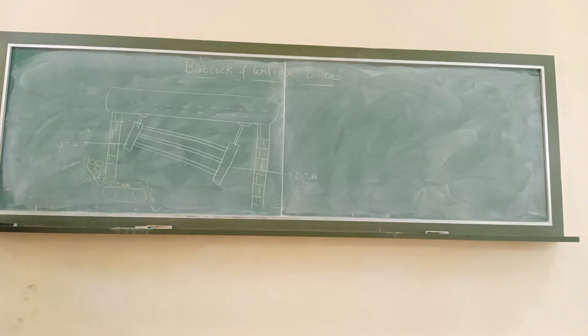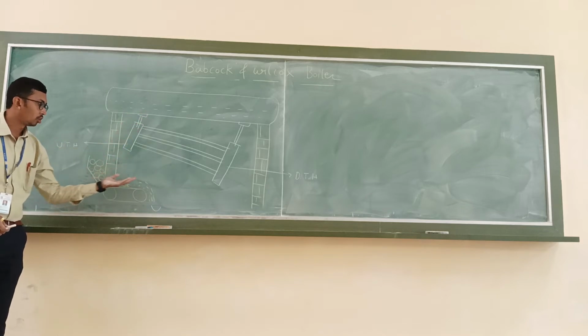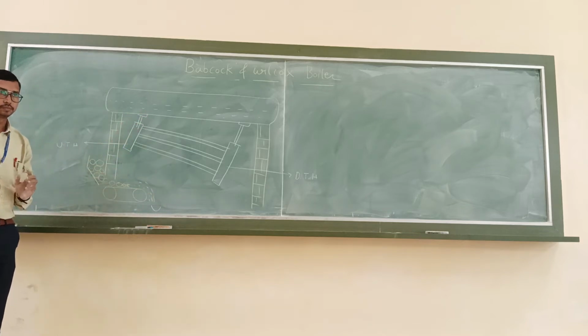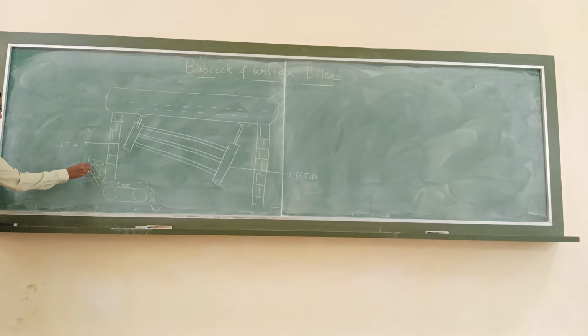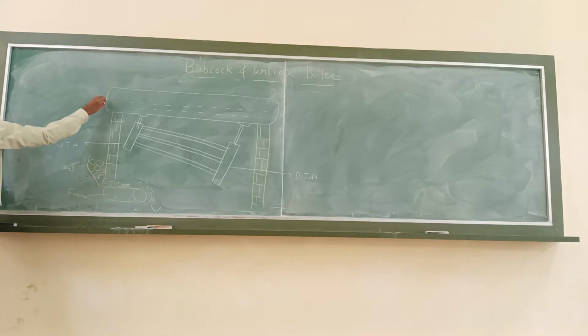Ash. You are going to generate hot gas, and the outcome is the ash. What is the fuel I am going to use? Coal. This is the furnace grate. This is the furnace. Okay. This is the boiler drum.